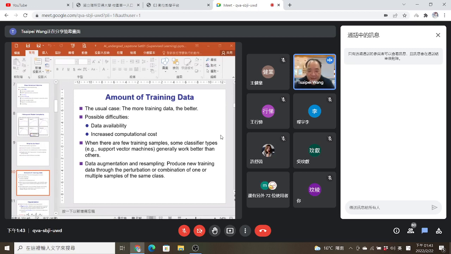In the old days, people were usually more worried about a small set of data. You don't have enough training samples, and you try to do inference and training from those small sets of samples. That used to be the problem, but today it's easier to get large data sets, huge, gigantic data sets.